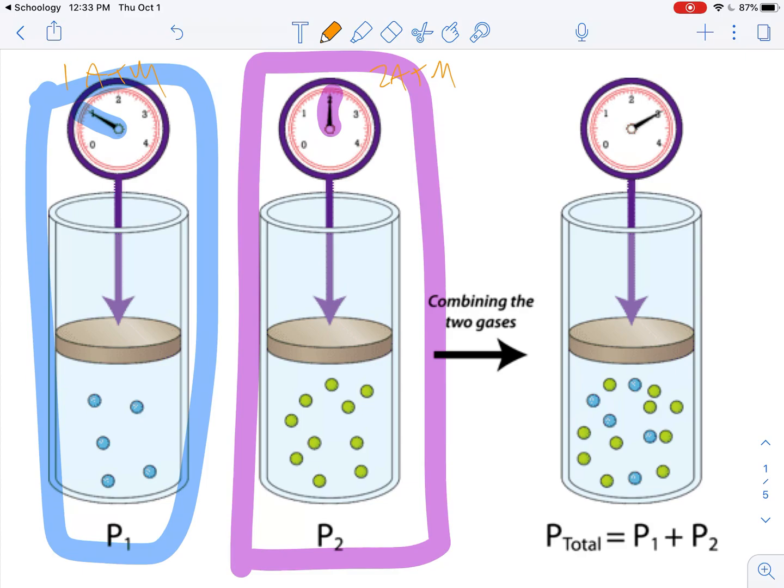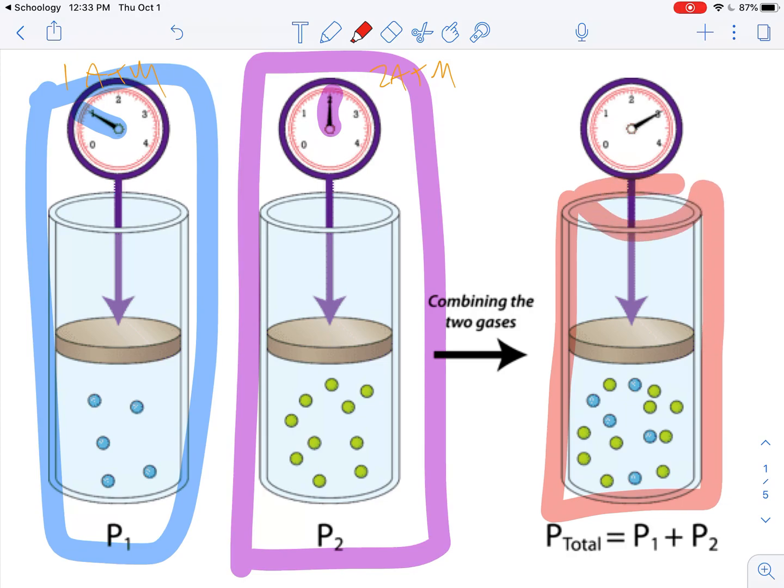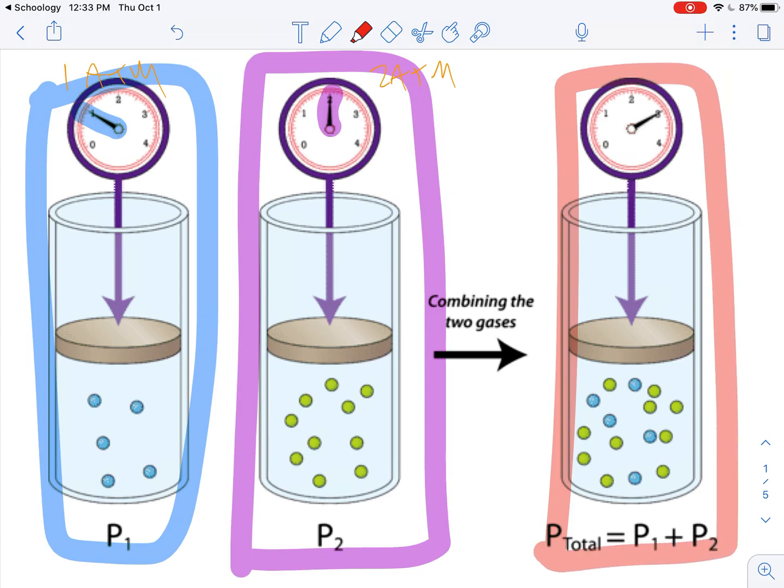What's going to happen when I take pressure 1, 1 atmosphere, and pressure 2, 2 atmospheres, and then combine them into a brand new container that has all of the same conditions as the other containers had over here, right? So everything else is the same for our new container. The only difference is that everything is now smushed together.